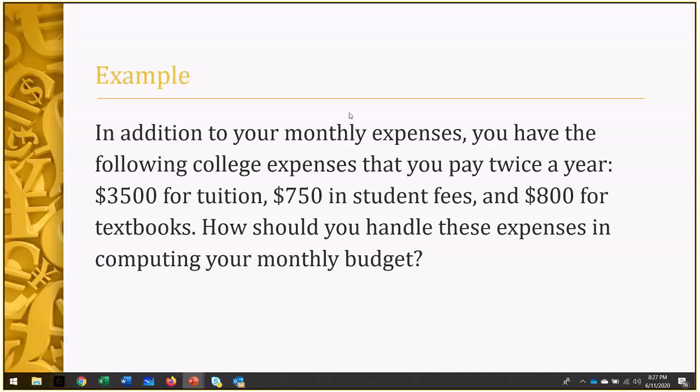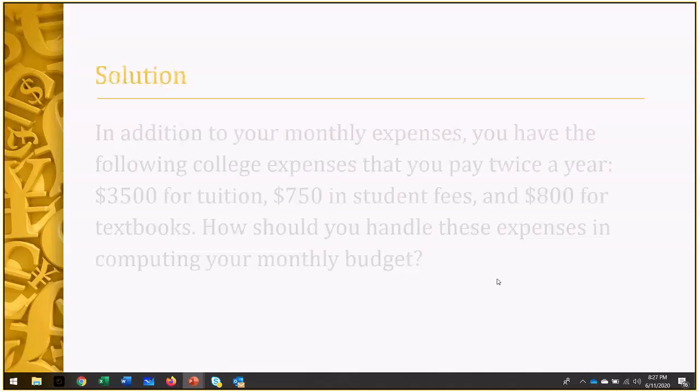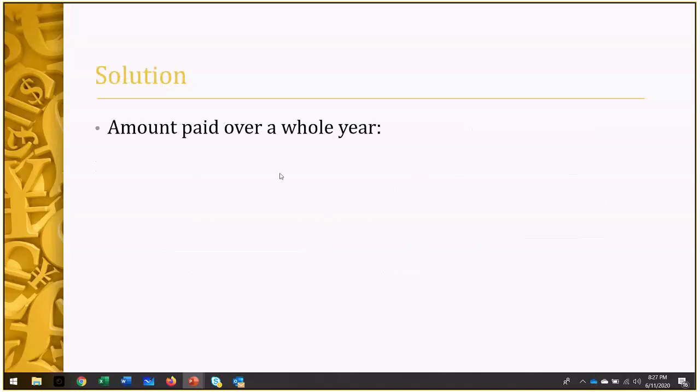So the issue is that some people are not sure how to deal with something when it's being charged twice a year. Since they are all being charged twice a year, one of the things that makes this work a little bit faster is let's add them all up and then see what it would be for 1 year. So here's what I did.